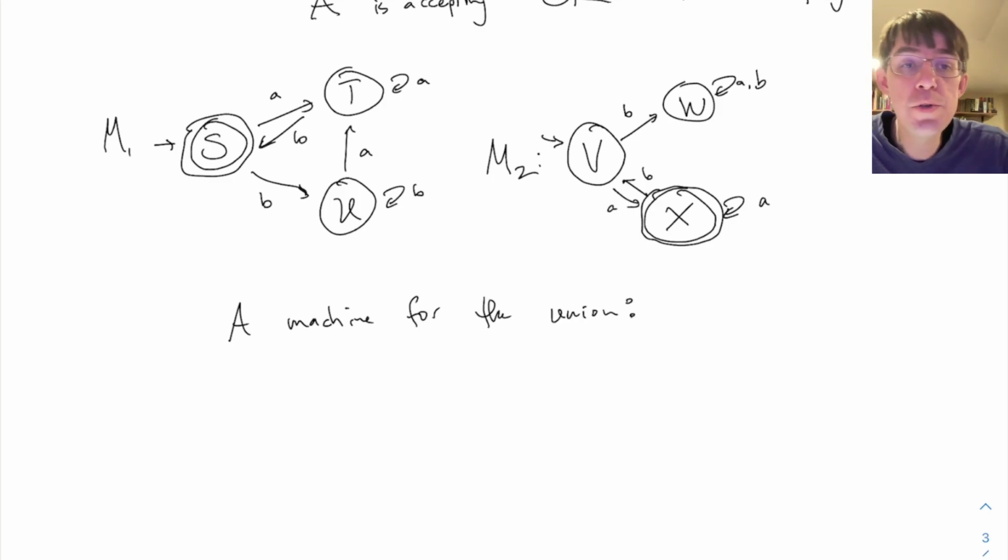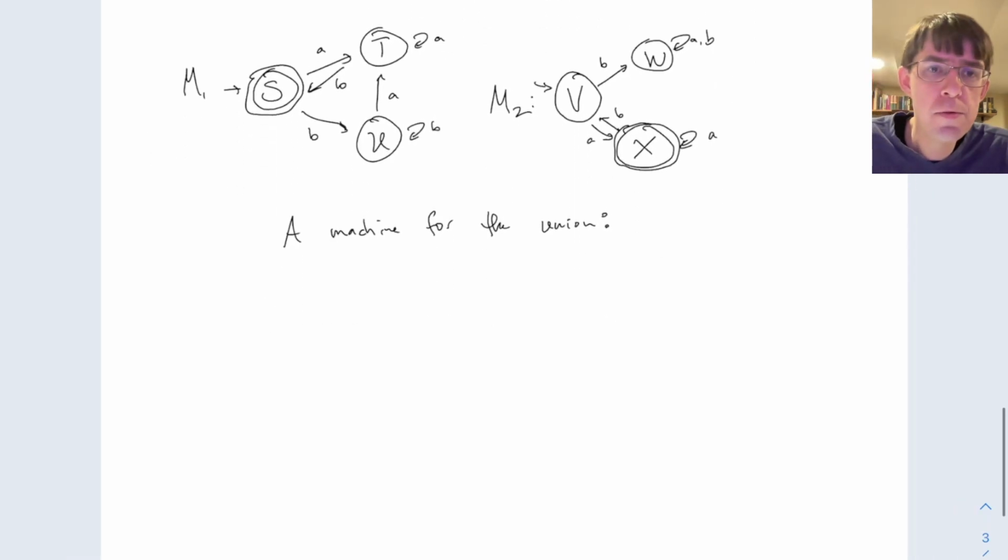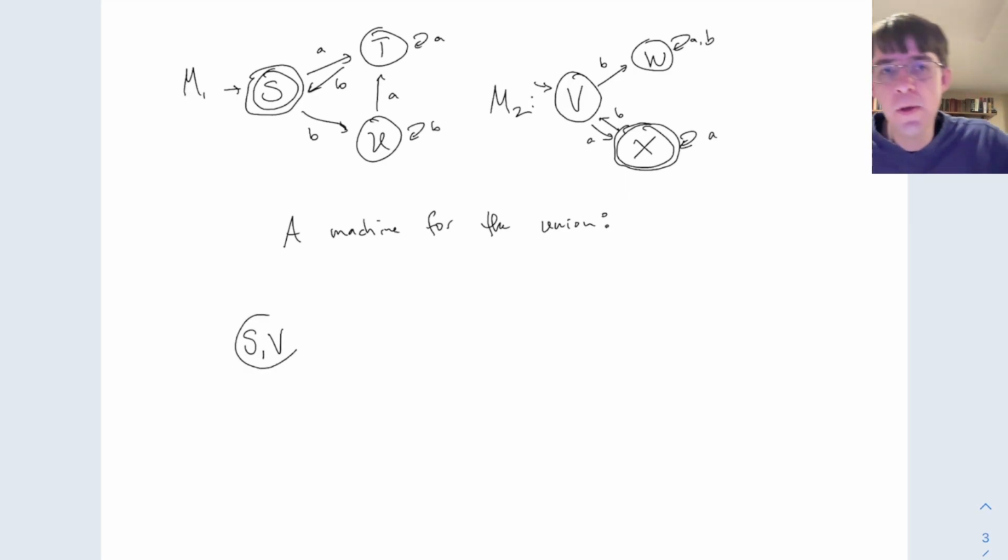What I said is we do the same product construction. That is, the structure of the states and the arrows is the same. The only difference is how we choose the accepting states. So I am going to make my pairs. I will start with S comma V because that's the starting states together.